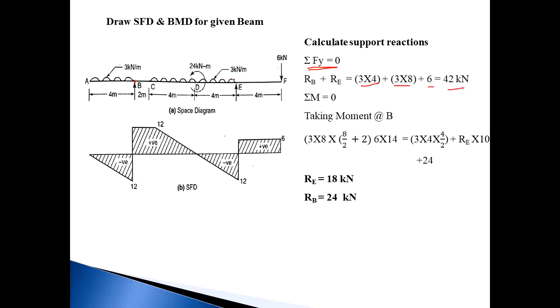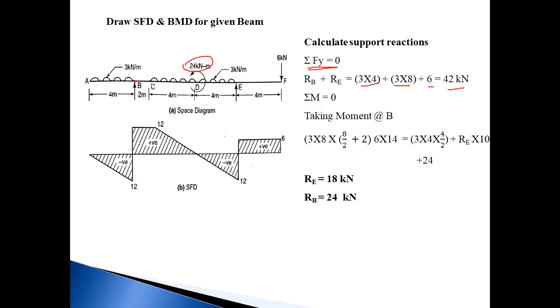The UDL between C to E is clockwise. Then RE is anti-clockwise and the 6 kilonewton is clockwise. And one more moment is available, that is 24 kilonewton meter, and that moment direction is anti-clockwise. So let us see, taking moment about point B.